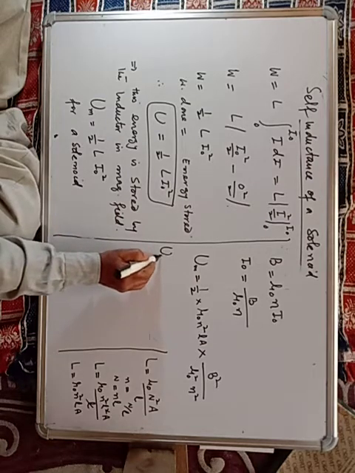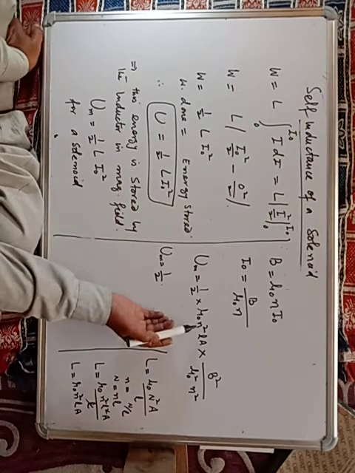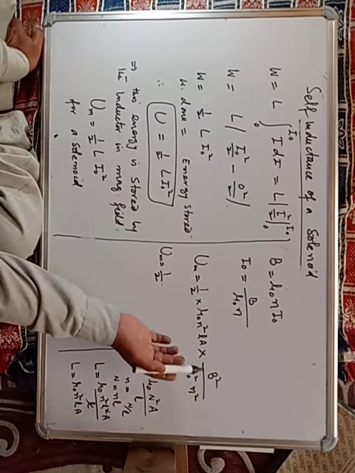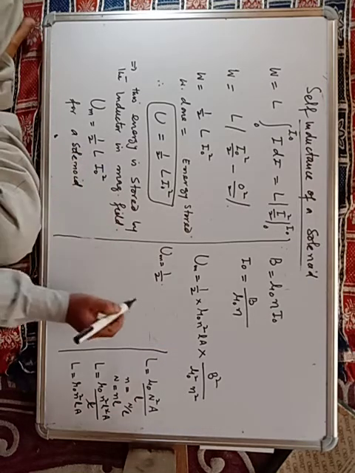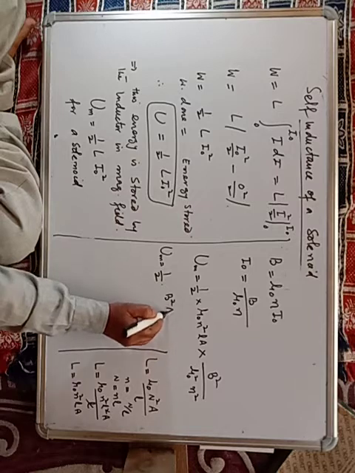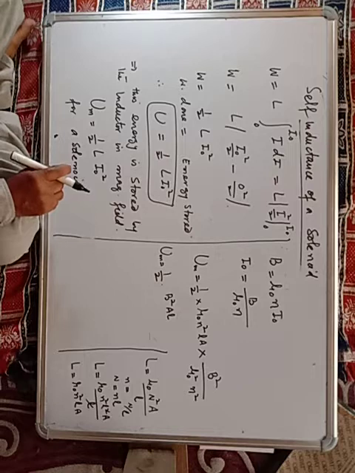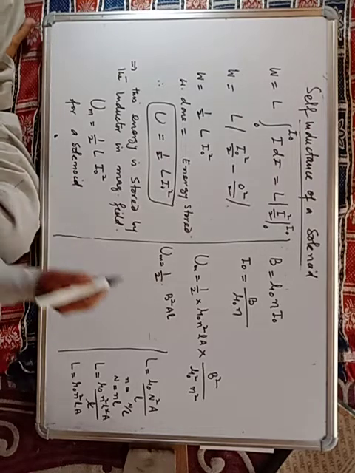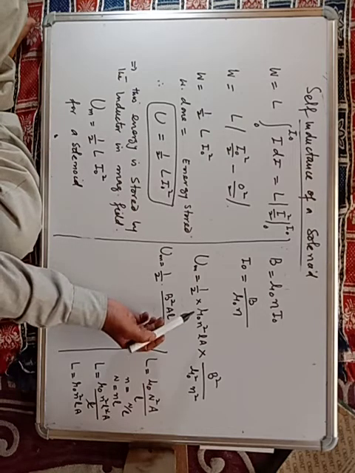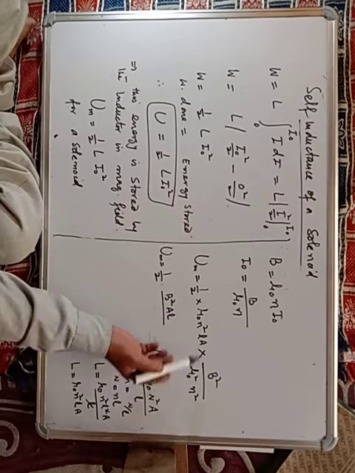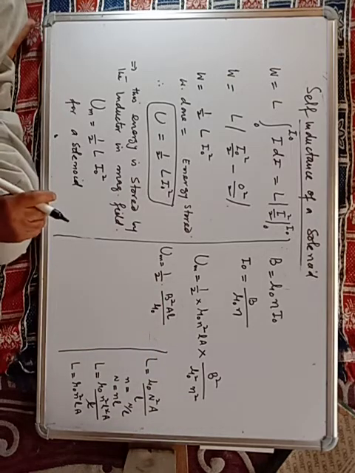So we will get here Um is equal to 1/2, n square कैंसल हो गया, so it is B square A L, where A is area of cross section, L is the length of the coil or length of the solenoid, divided by, यहाँ पे एक mu naught बचेगा, that is mu naught, right?